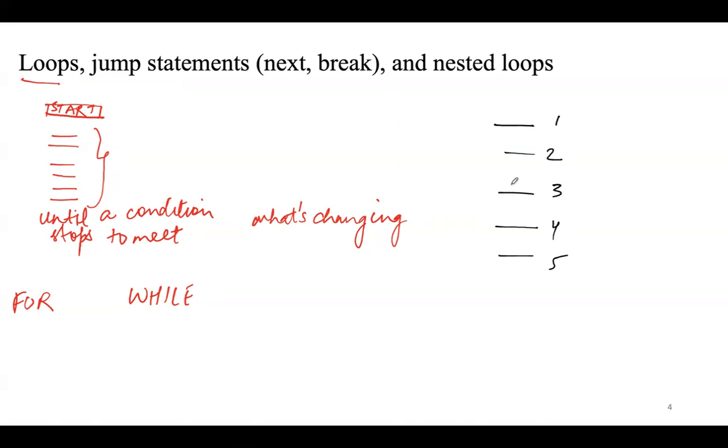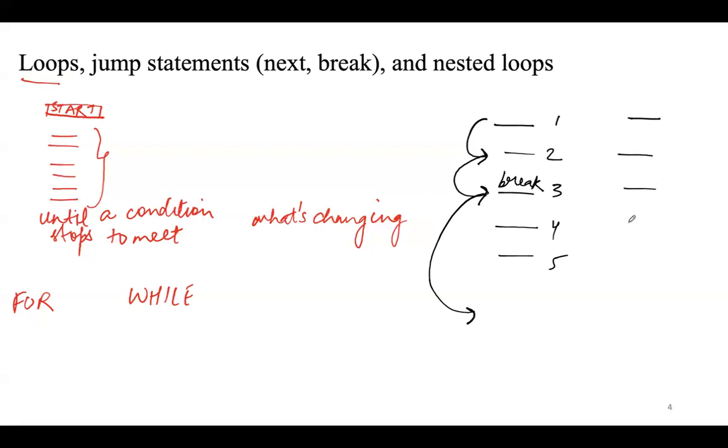But now let's say in this line I wrote break. So what it means is the loop is going to go from here to here, from here to here. Normally, it should have gone from 3 to 4, 4 to 5, and then go back to 1 with the new statement. But now, after 3, it's just going to come out of the loop. It's not going to keep going round and round. Break means come out of the loop, right?